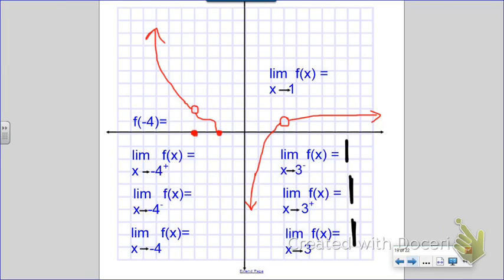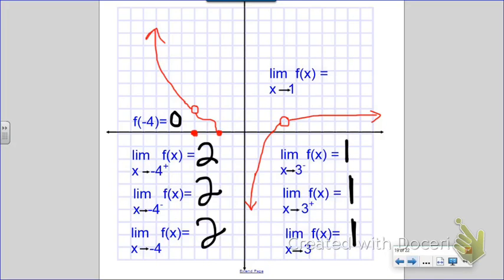The limit as x approaches negative 4 from the right is equal to 2. The limit as x approaches negative 4 from the left is 2, so that's the limit as x approaches negative 4. But at negative 4, we're at 0.